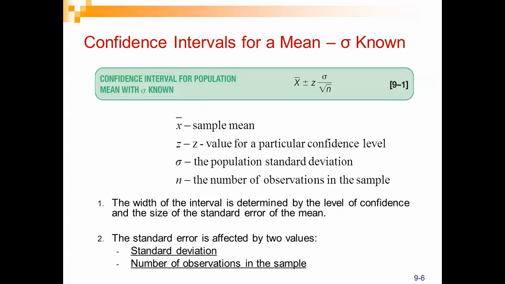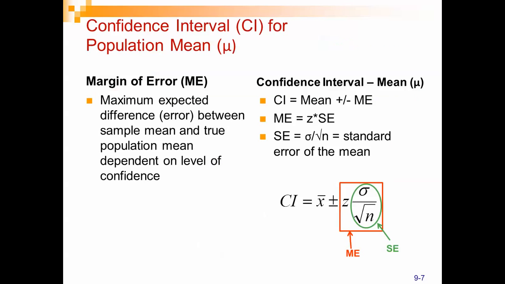So let's take a look at this formula a little bit closer. If we break apart our formula here, which is our confidence interval formula, we have x bar plus or minus z times the population standard deviation divided by the square root of n.